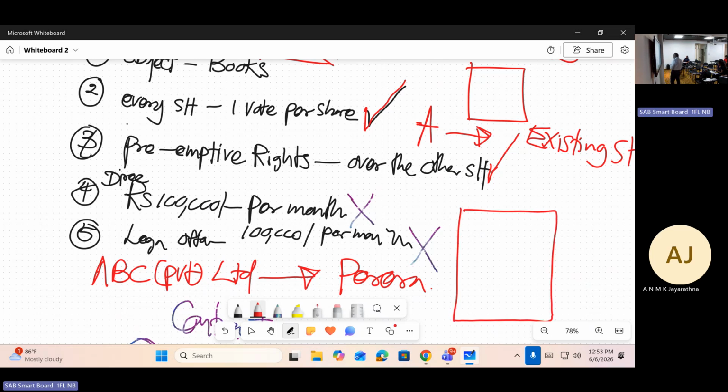Suppose this is the appointment letter. He is appointed as a director, but the salary payable to this person is not mentioned. Salary is not mentioned in the appointment letter. There is no provision in the appointment letter with regard to salary payable to this person.